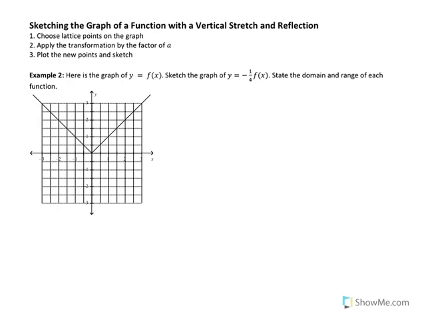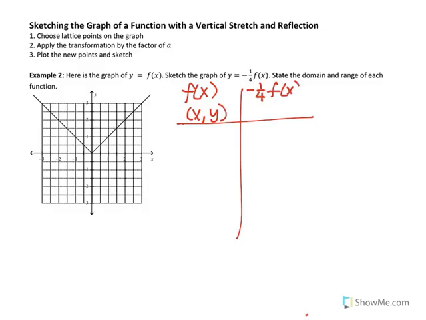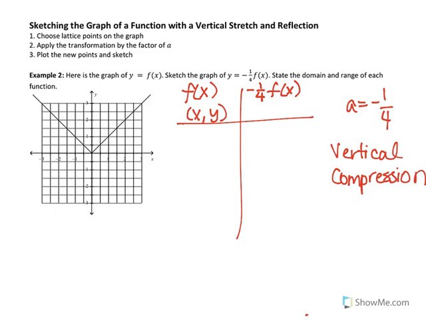So let's look at this graph. We have f of x, and we have some points x and y, and then we have -1/4 f of x. So my a value is -1/4, which means that I have a vertical compression, because it's between 0 and 1.